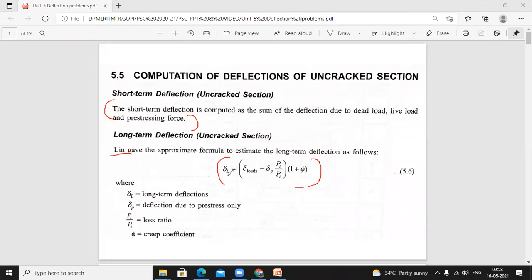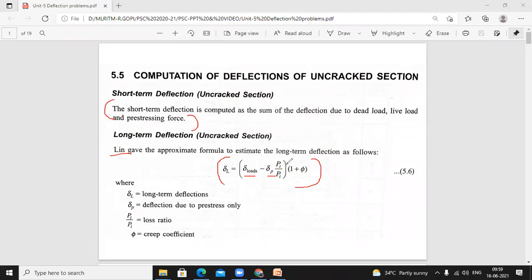That means delta L, which is long-term deflection, is equal to the deflection due to loads, that is, deflection due to dead load and live load, plus deflection due to prestressing force multiplied by PT divided by PA. What is this PT divided by PA?